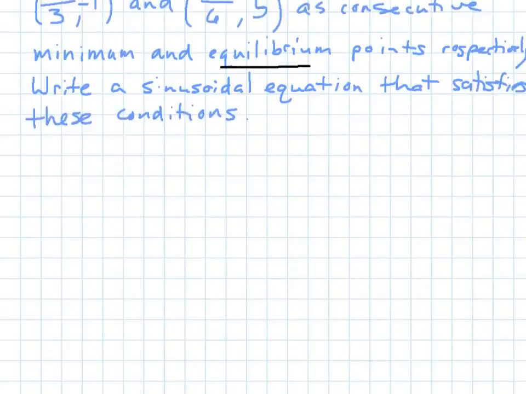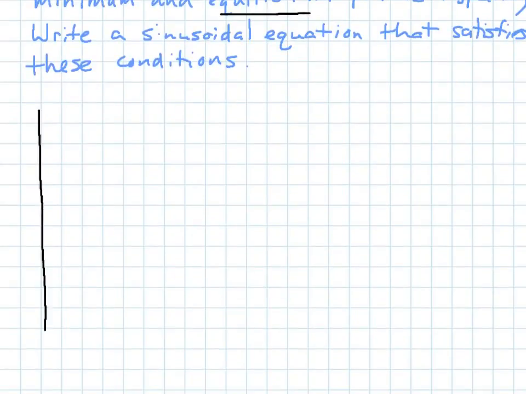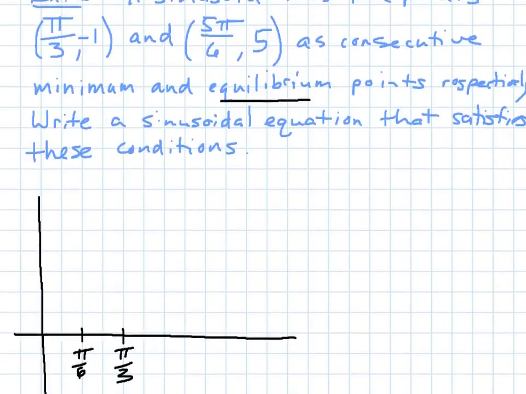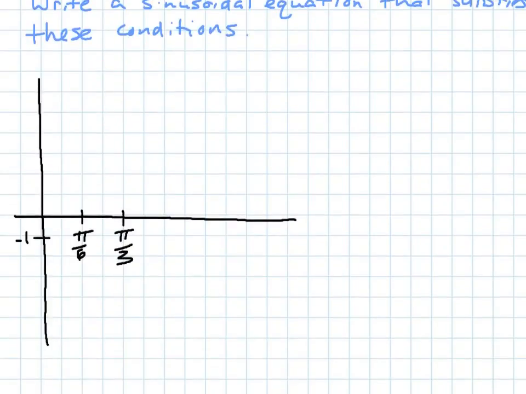So if we graph this, let's break this up into 6. So pi over 3 was negative 1. Put it right there. And then 5 pi over 6 would be here.